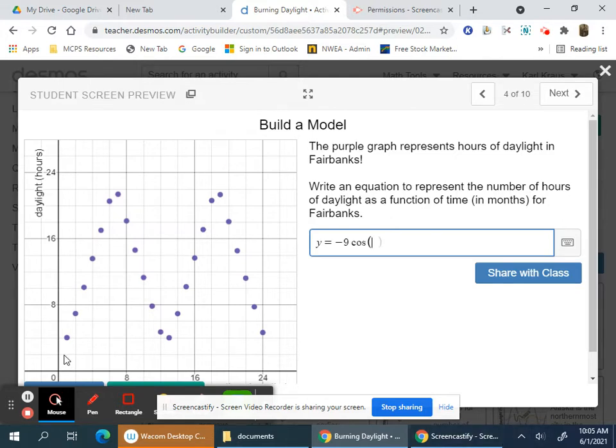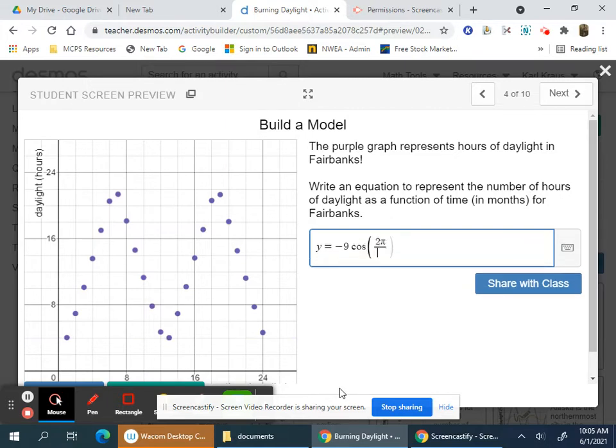My period, counting 10, 12, is about 13 again.